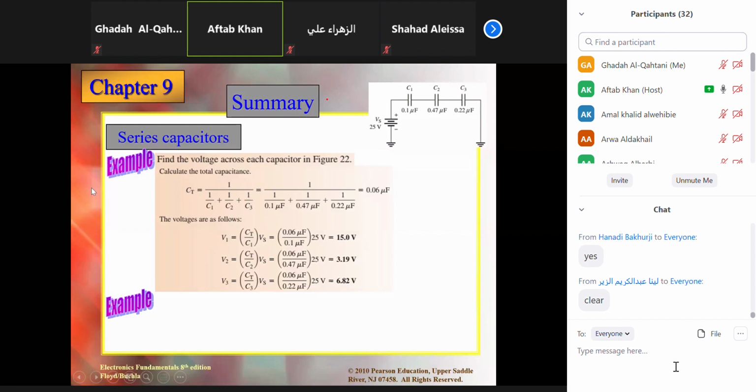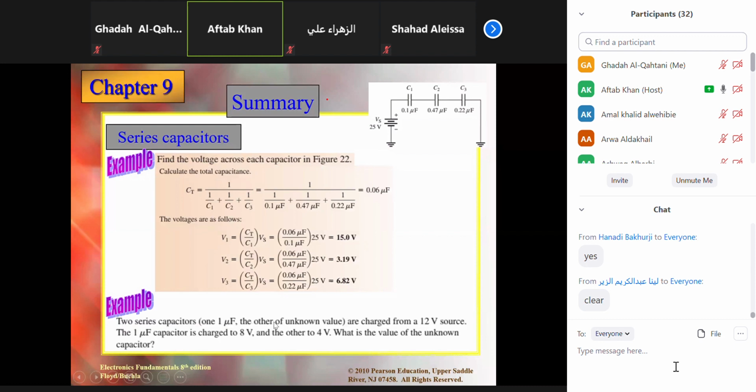Okay, two series capacitors, one is 1 microfarad and the other is unknown value, are charged from a 12 volt source.